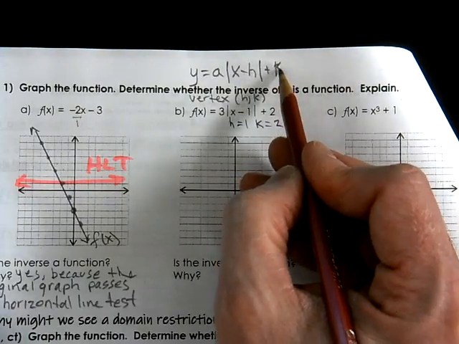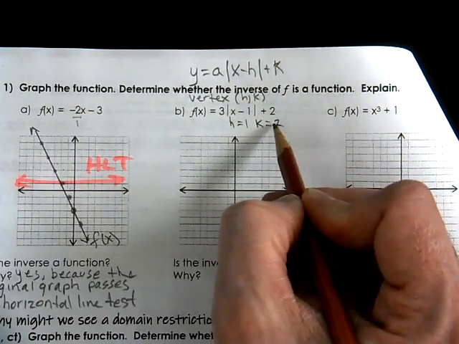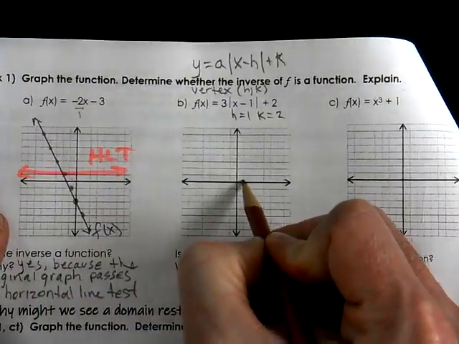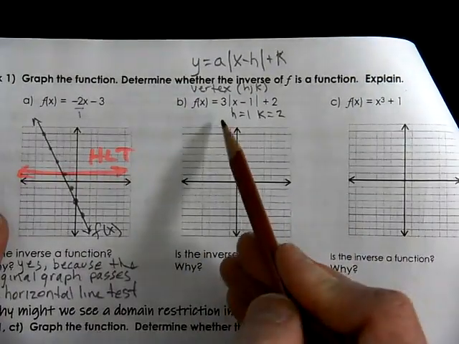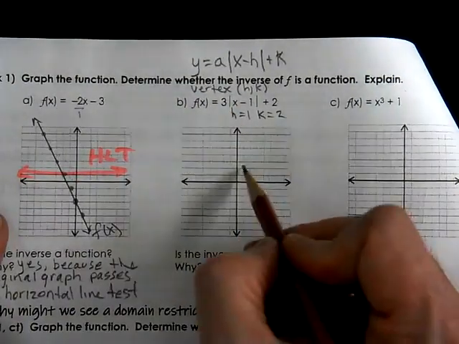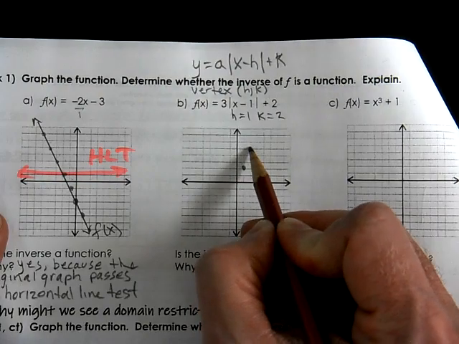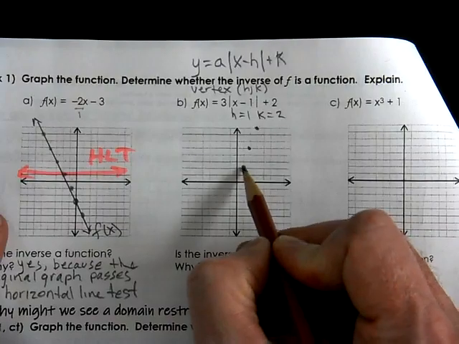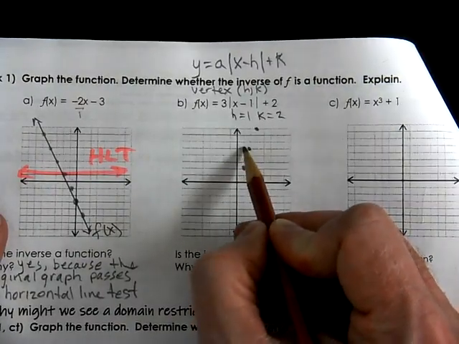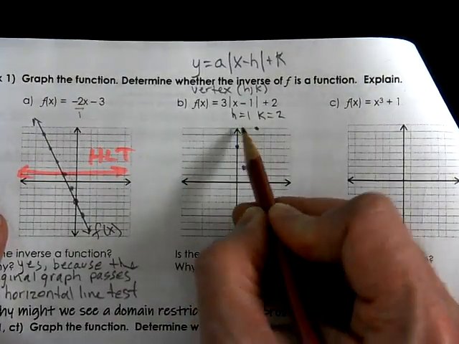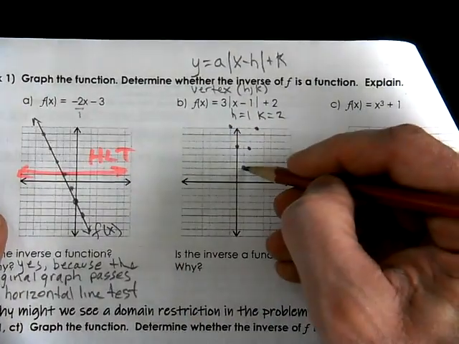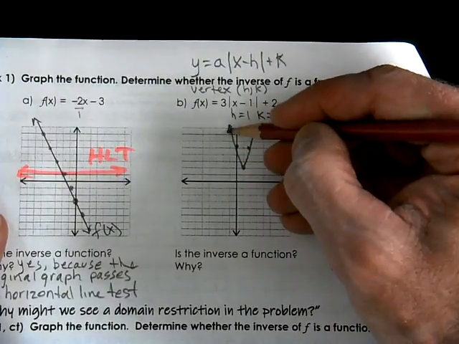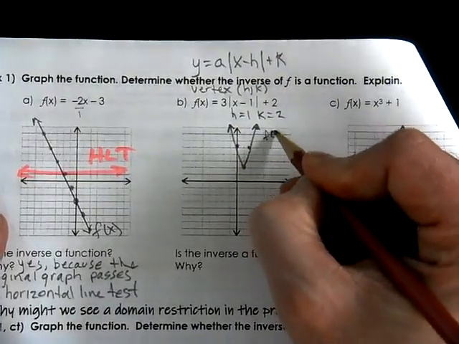This is a positive 2, so k is 2. So we know our vertex is 1 to the right, 2 up, and we have a slope of 3. So we rise up 3 and go over 1, rise up 3 and over 1. Then we go the other direction: positive 3, backwards 1. And that's our f of x function.